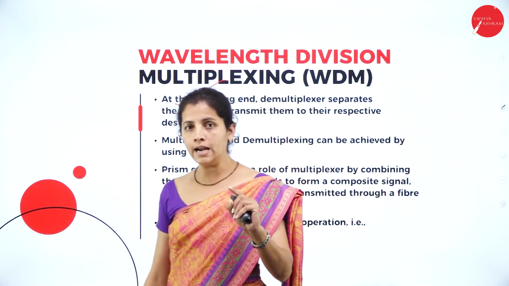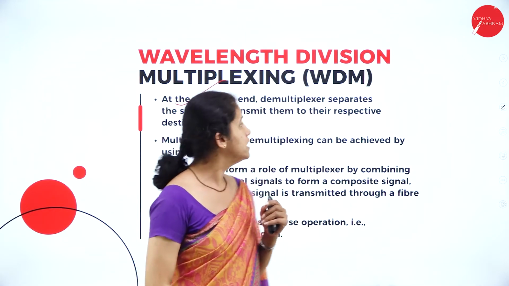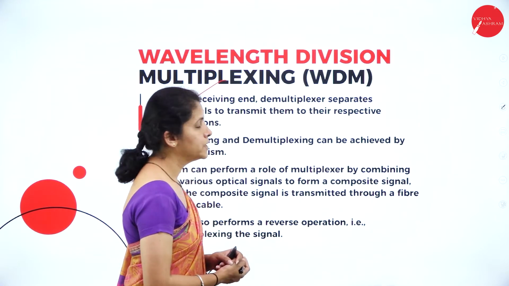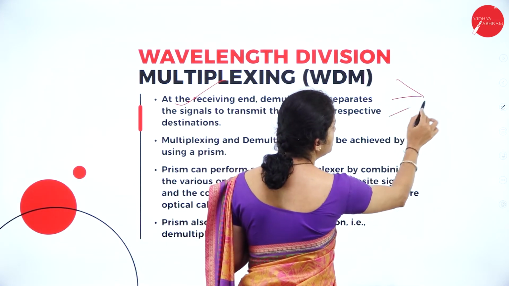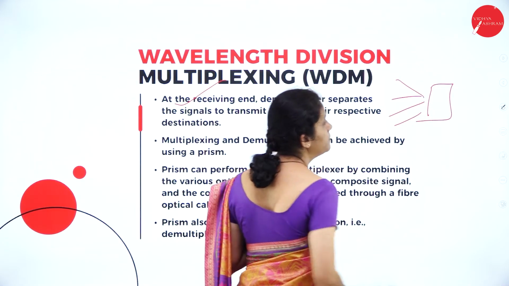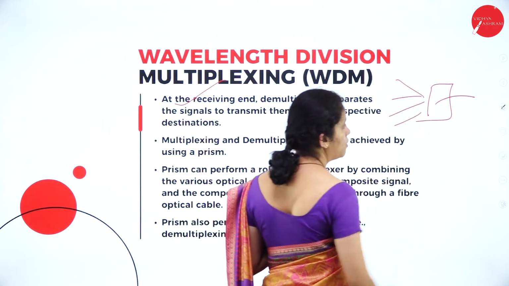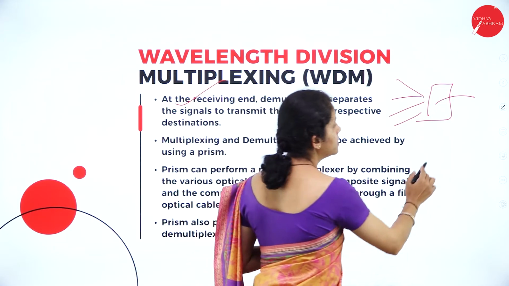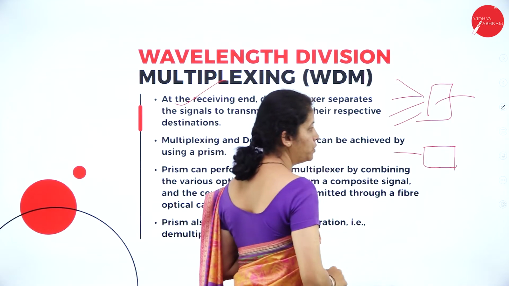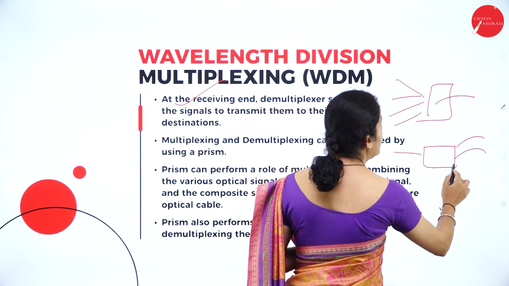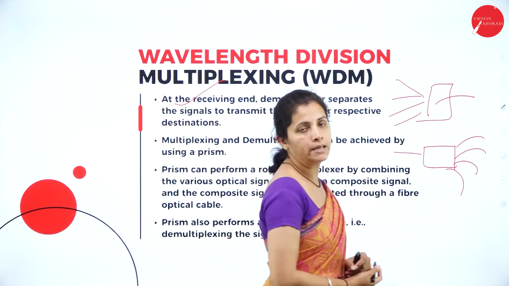So on the sender side I'm going to use a multiplexer, and at the receiver side I'm going to use a demultiplexer. The prism accepts n number of inputs and gives one output. But at the receiver side I get one input and extract n number of outputs. That is known as demultiplexing.